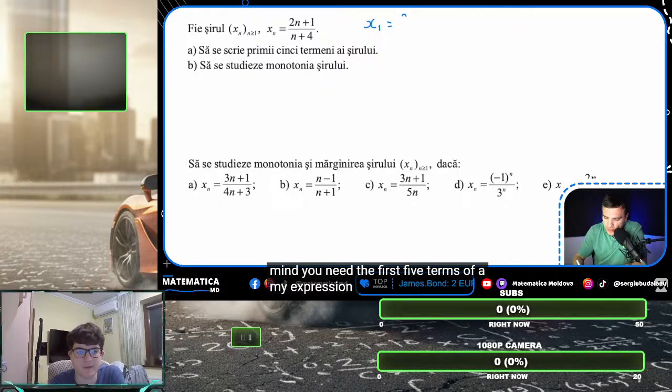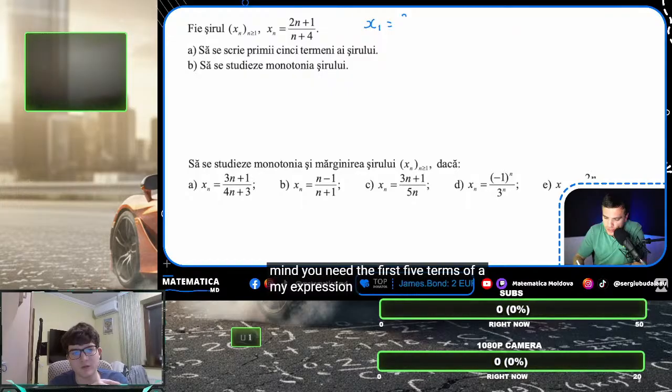I think we have to equal this expression with 0 or something, because we see that n is bigger or equal to 1, so instead of n we put 1.